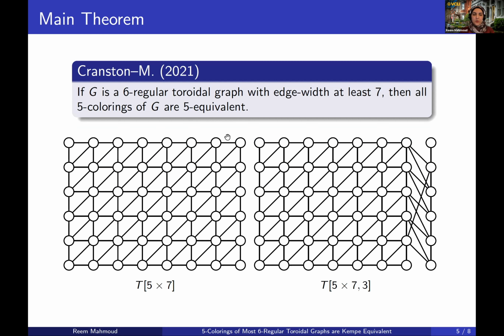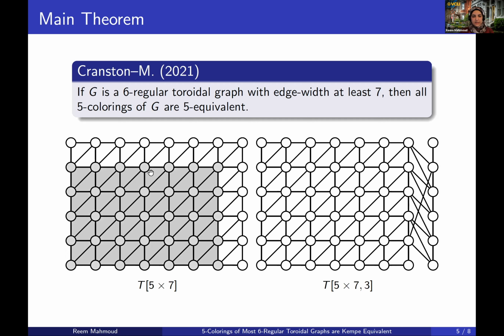So say for the sake of an example that we've got a 6 regular toroidal graph on 35 vertices. It might look something like this structure on the left, where it's basically just a 5x7 grid, and you've got one-sided diagonals inside each of these squares. And in fact, what you can see here is I've actually got a 6x8 grid, and the reason is that the area shaded in gray is the actual graph, but this top row right here is just me replicating the last row over here, and this last column is just a replicate of the first column.